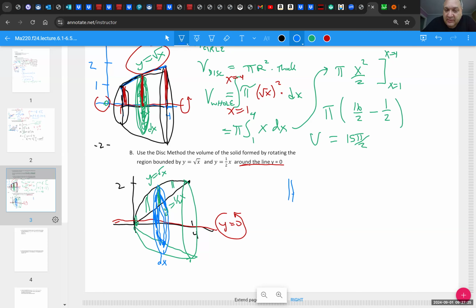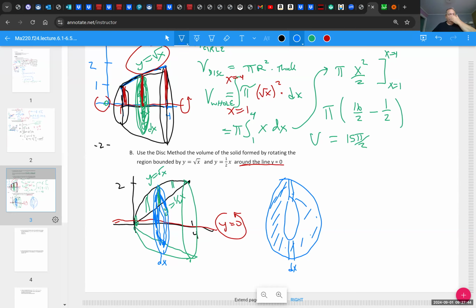So this is my little rectangle here. I'm revolving it down here. I get this hole in the middle. I get this outside part. This is my volume here. It has a very small thickness, dx. So I need to find the volume of the outside stuff and subtract the volume of the inside stuff.